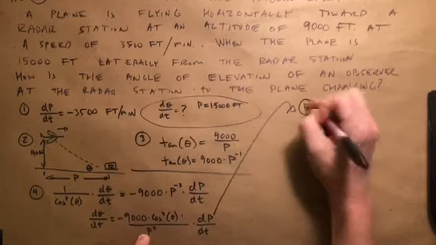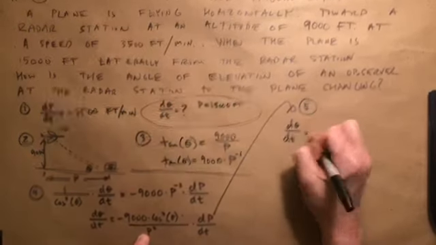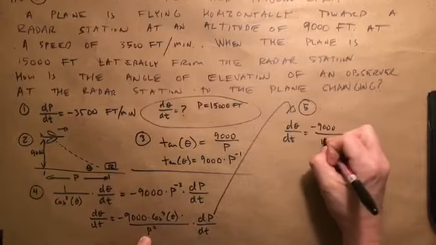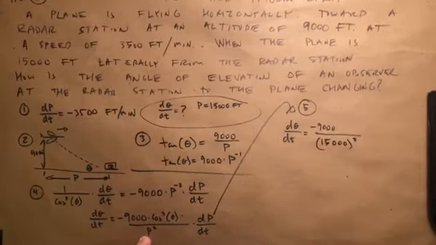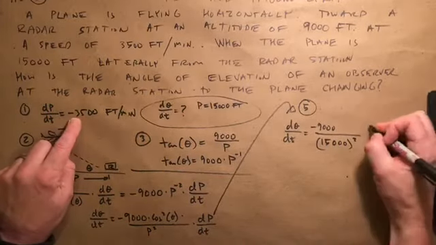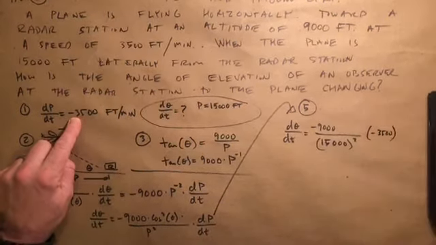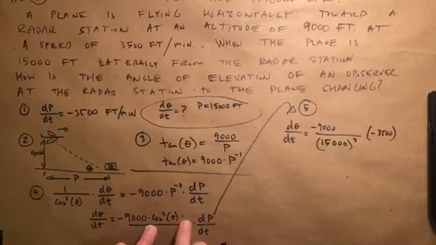So we have d theta/dt is equal to negative 9,000 over 15,000 squared. We know that dp/dt is that negative number. The only thing that we're missing here is cosine squared of theta.